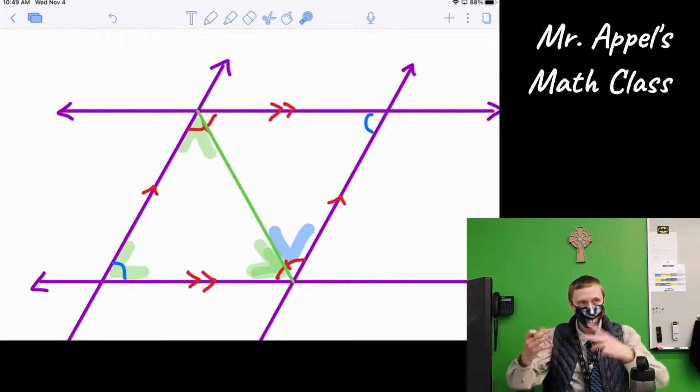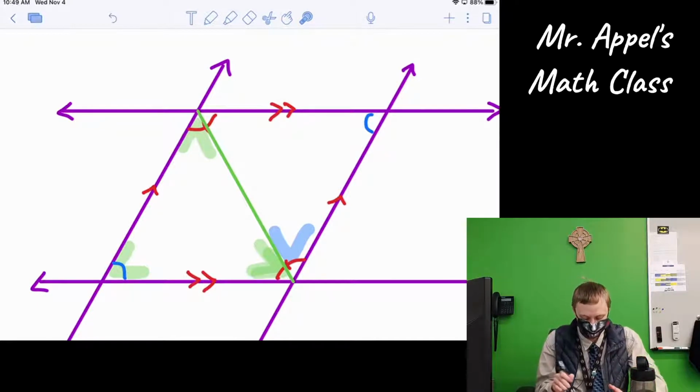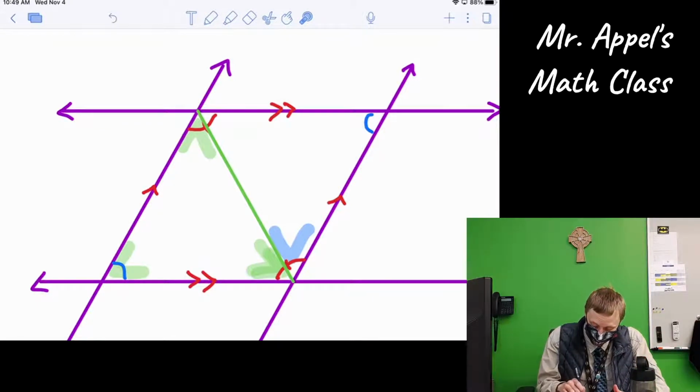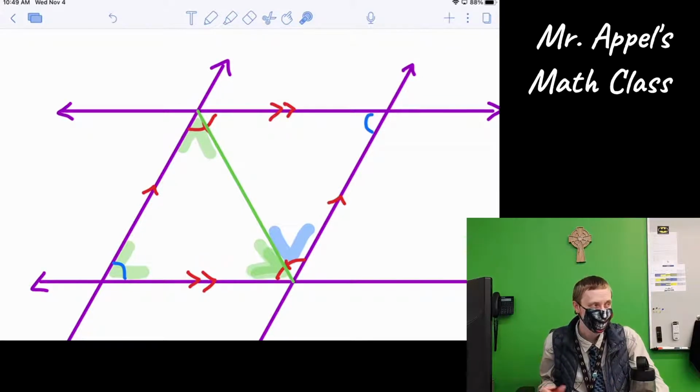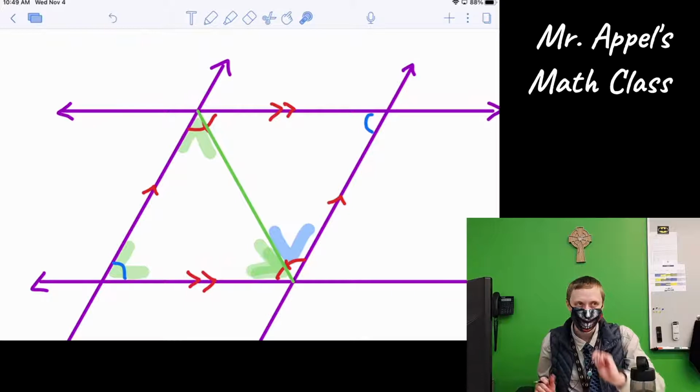I didn't take anything away. So it's all still there. So if you added all 1, 2, 3, 4, 5, 6 of those, you'd still get that 360. But I just want the half of it.